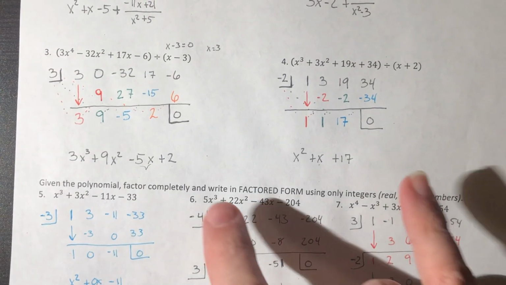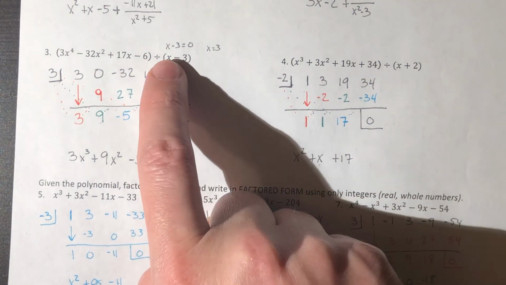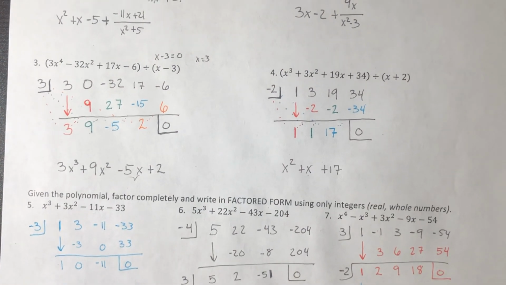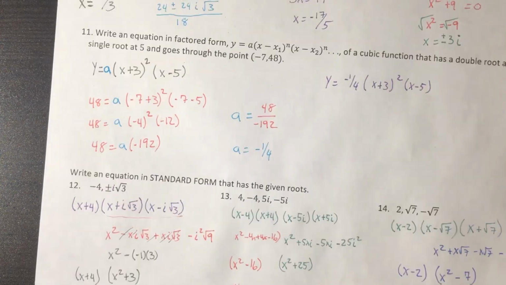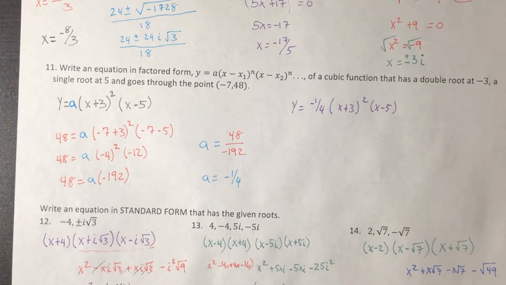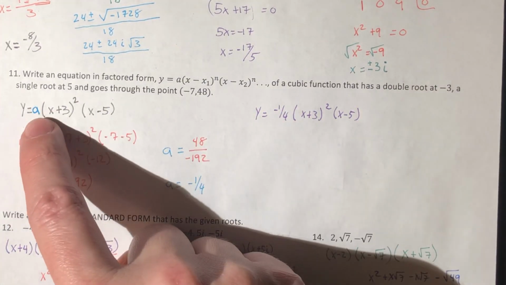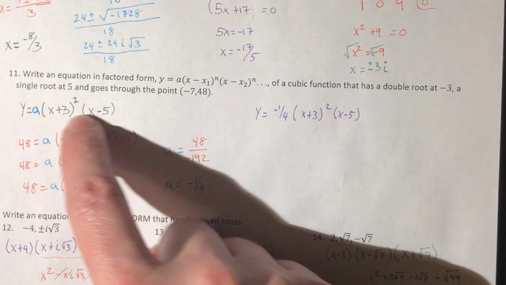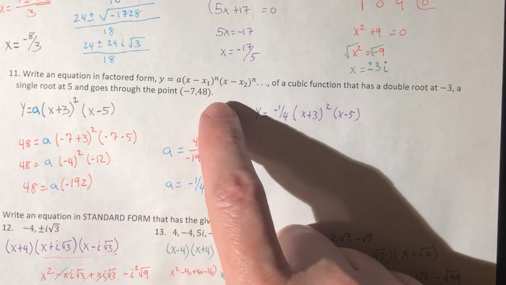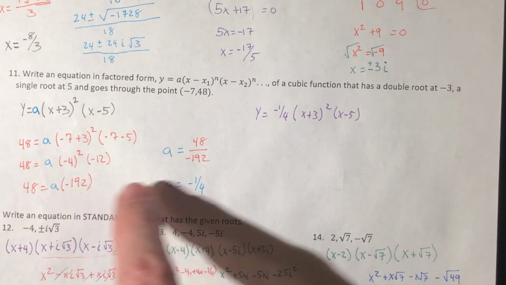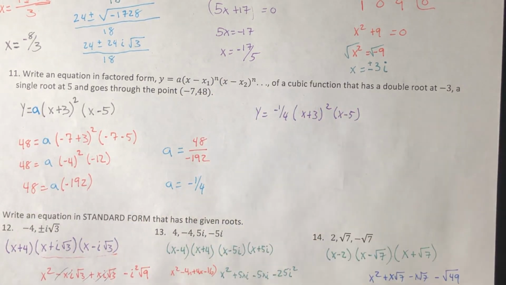If you do not have an exponent and your coefficient is just 1 when you're dividing, then you can do synthetic division. And when you have ones like number 11, use the information that it's given you to find out what the equation would normally be, and then use that other point to get the x and y values so that you can solve for a and find your end equation.